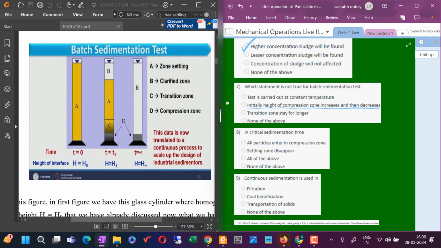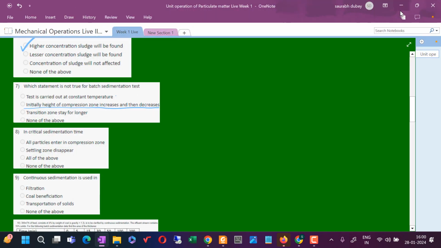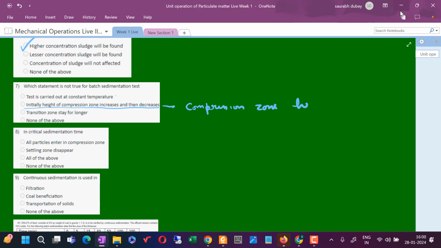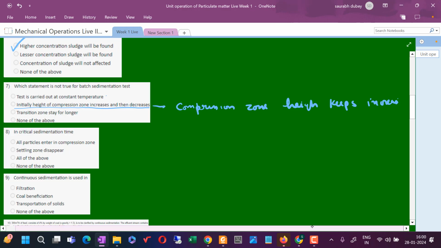So what is seen here? If you see, the compression zone height keeps increasing. This is the correct answer for this.